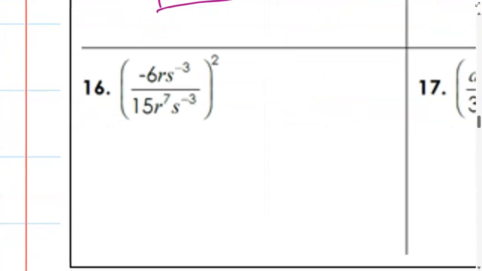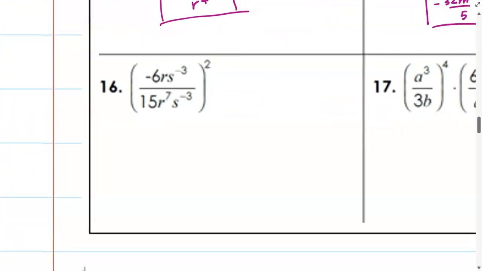Let's see this next expression. I'm going to go ahead and simplify inside before I raise it to the second power. 6 and 15: 6 is divisible by 3 and 15 is divisible by 3.